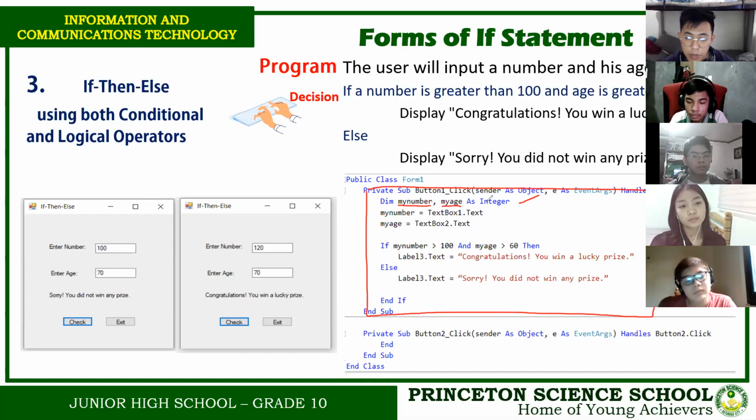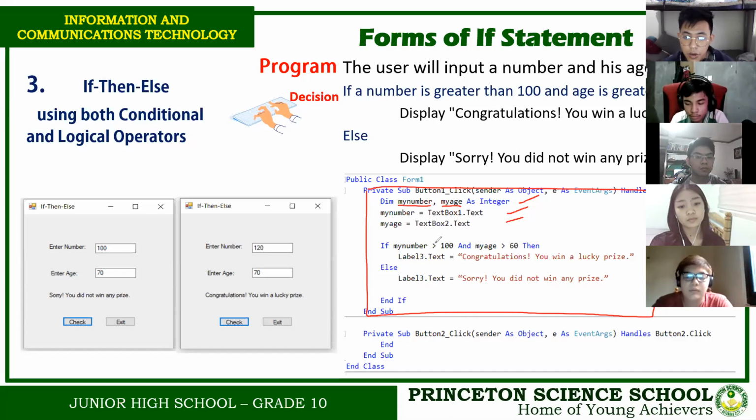As long as they are the same data type, you can declare them this way: my number, comma, my age. Then assign them to their respective controls, which accept a value.